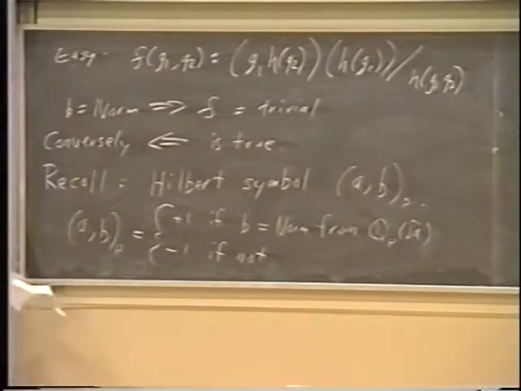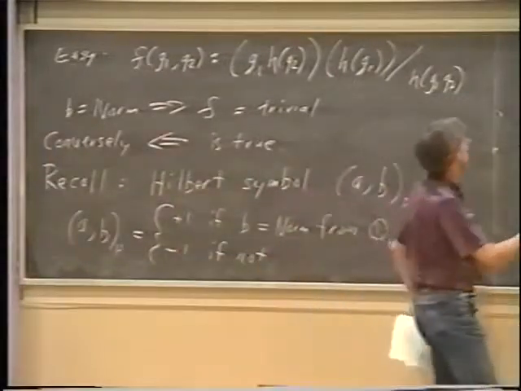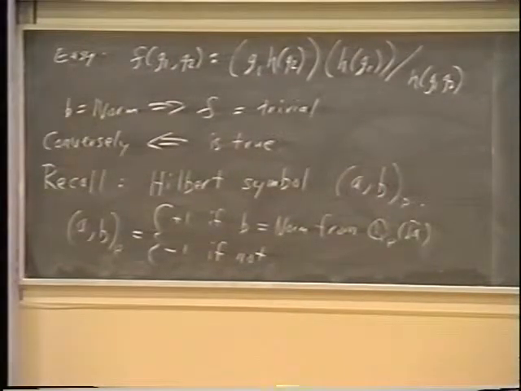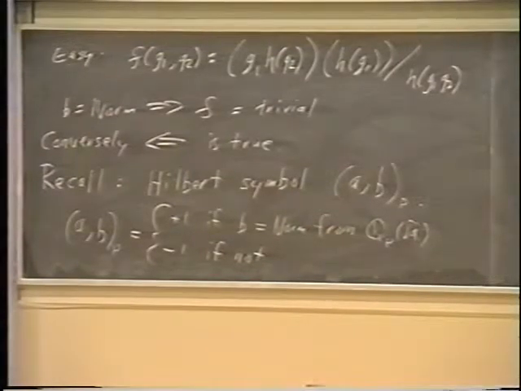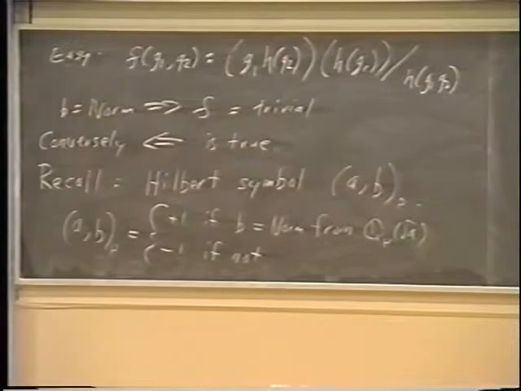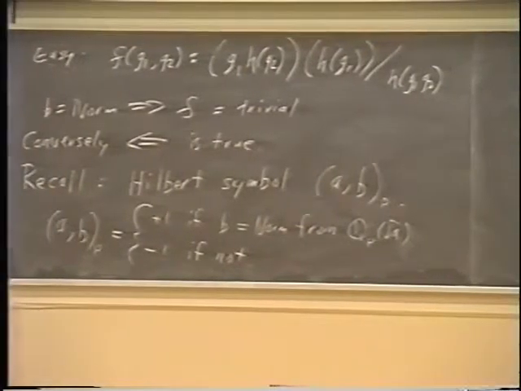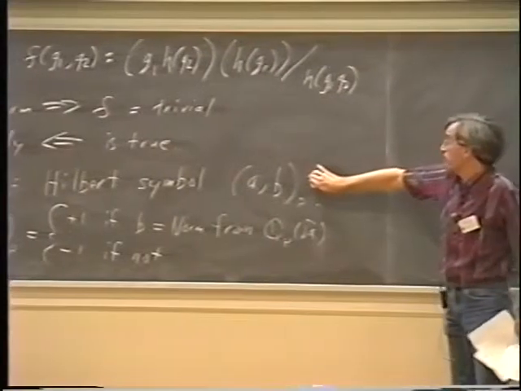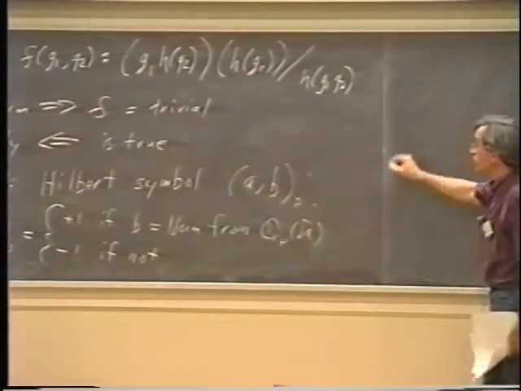So the Hilbert symbol you can regard as corresponding to some element of some H2. We can say a little bit more along this line. Namely, there's several equivalent formulations of how the Hilbert symbol works.